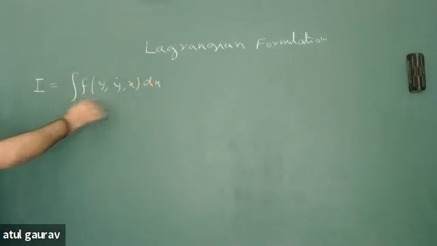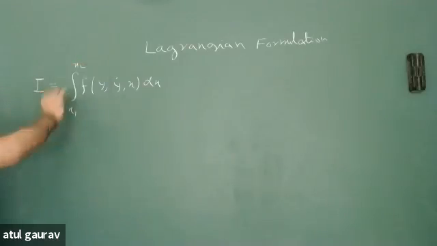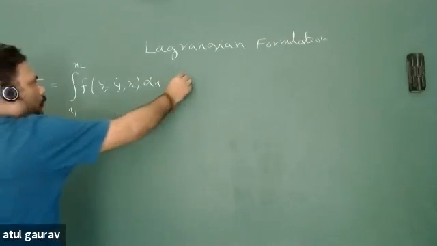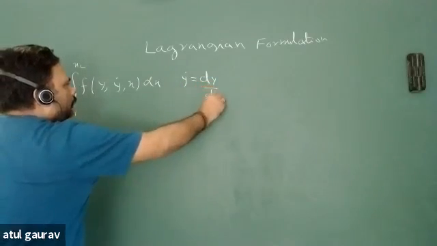We can go from any point x1 to x2, and what is y dot? y dot is dy upon dx.